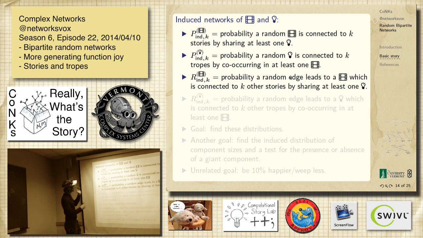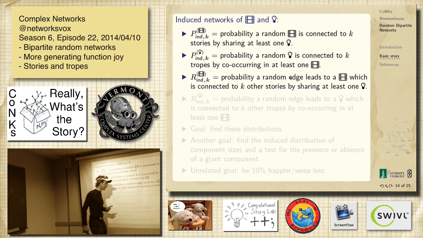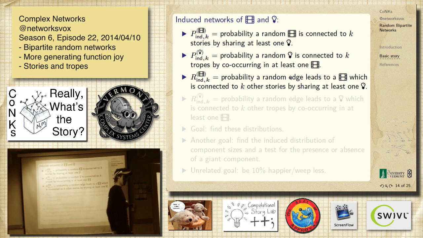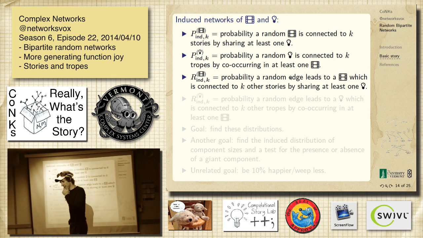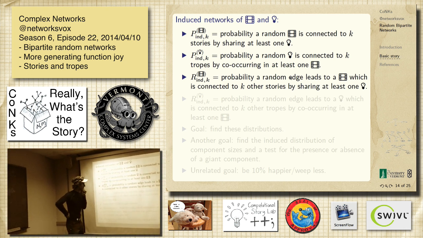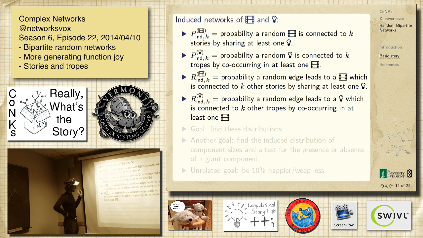No, it should be the standard one. It's what we want. Which story is which? They're categorized by their degree. Same thing for the other side.